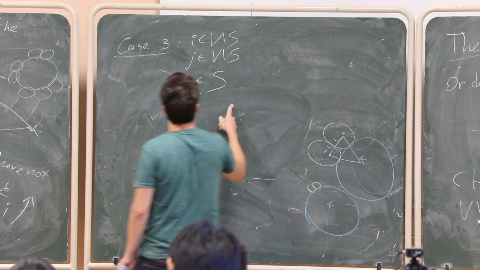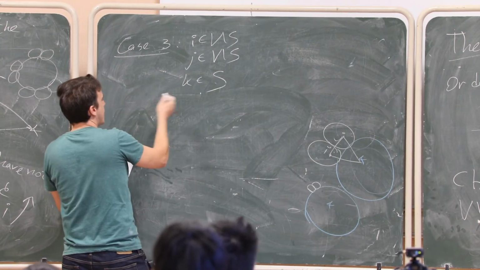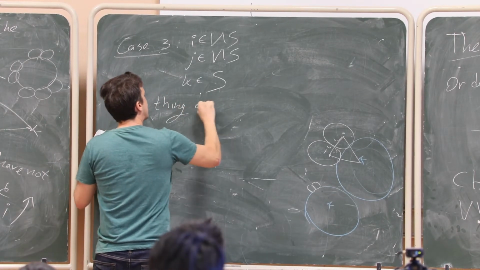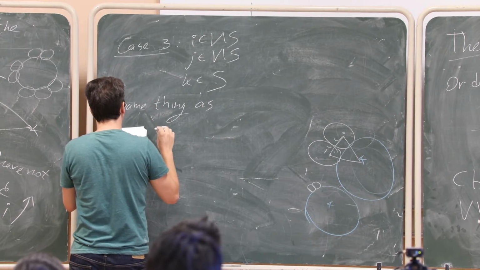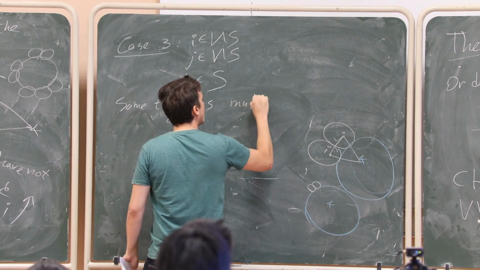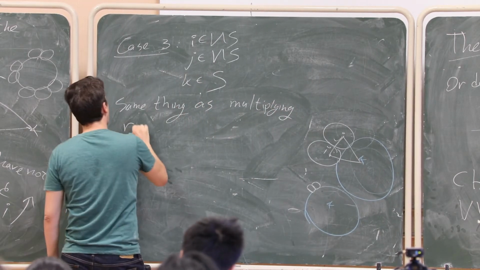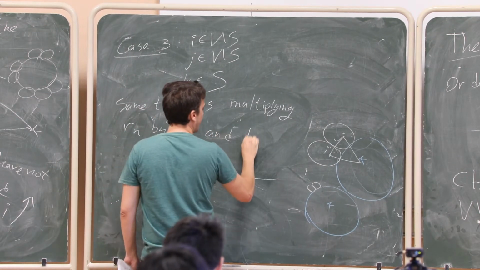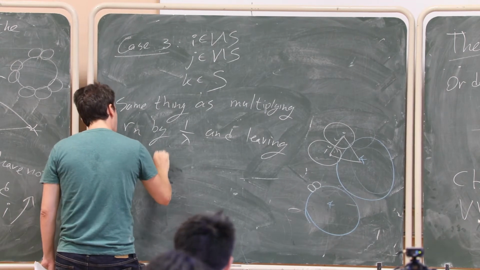Okay, so case 3, this is the same thing. This has the same angles as multiplying Rk by 1 over lambda and leaving Ri and Rj unchanged.